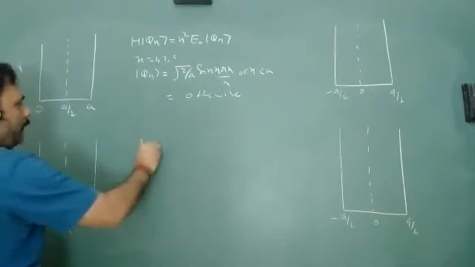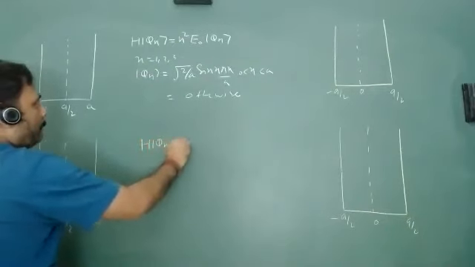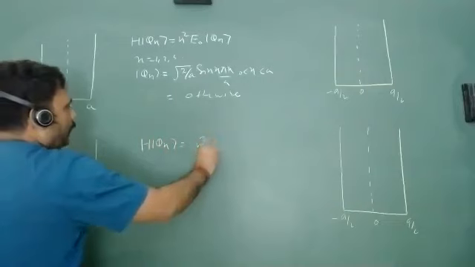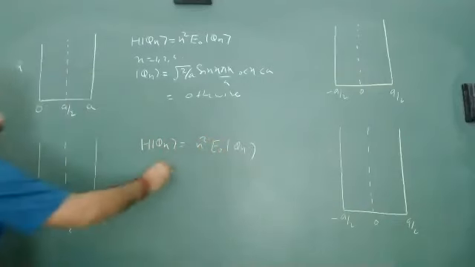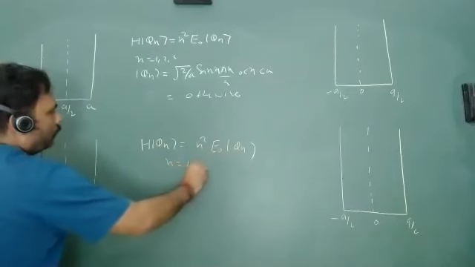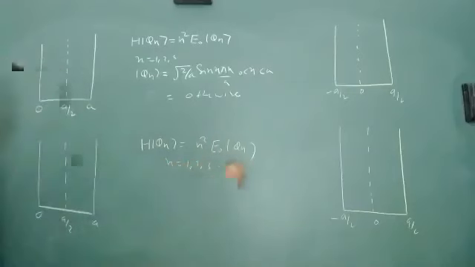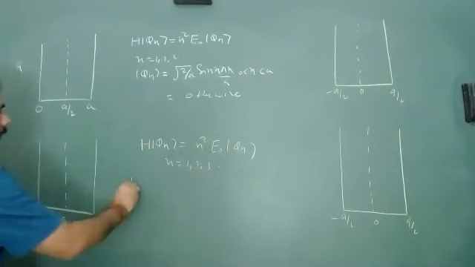So we have H phi n is equal to again n square E naught phi n. But now this n can be 1, 2, 3, and so on. But what is phi n?